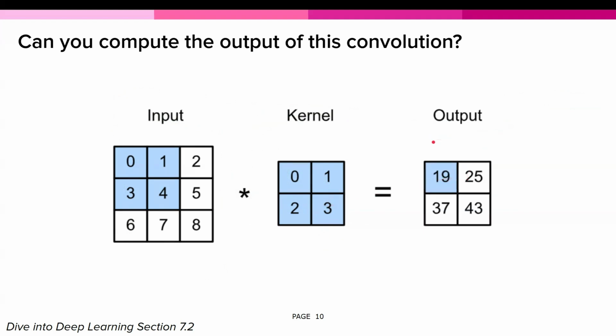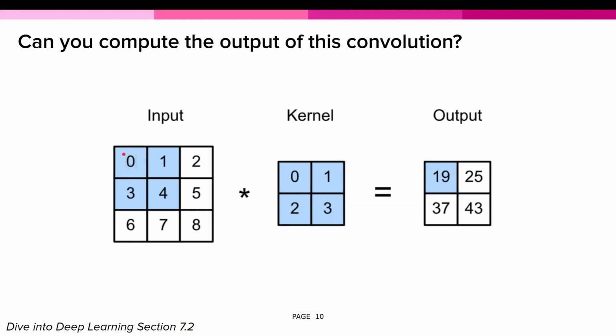Okay, so what happened there? What we did was we took this kernel and started off by placing it in the top left-hand corner. Then we did pairwise multiplications between the corresponding positions of the input image and the kernel, and then summed up all the results.